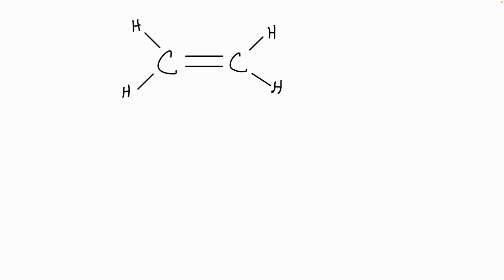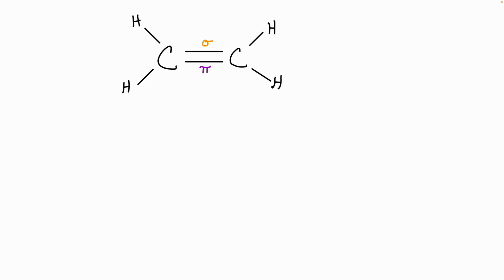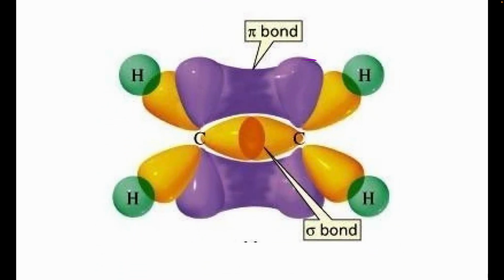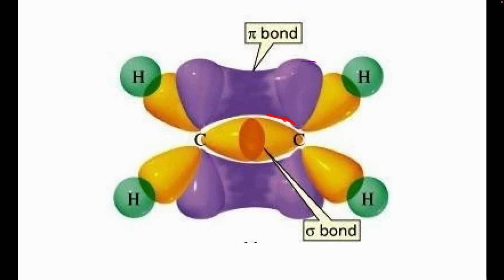The first bond is always what we call a sigma bond, but that second bond is a pi bond. All right, and the difference between these is really how we understand alkenes to be so different from alkanes as a functional group. All right, if we were to hop into our magic school bus and look at how these pairs of electrons are being shared, in a sigma bond, that electron density sits directly between those two carbon atoms.